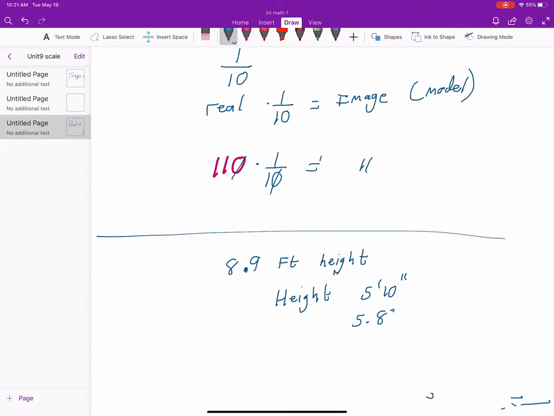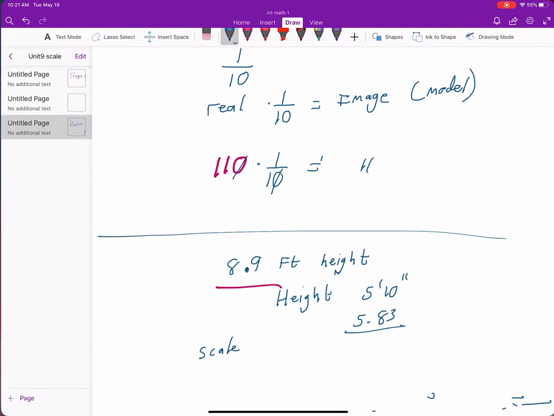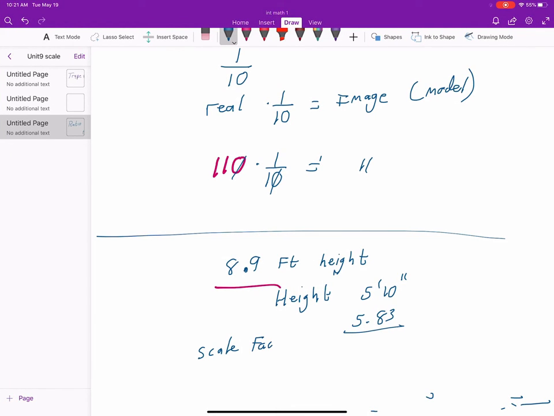So now I can find the scale factor. I can look at how much bigger he was. To find the scale factor between us, I'm going to take his height divided by my height, and we'll find out what the scale factor is. 8.9 divided by 5.83 equals 13.5.